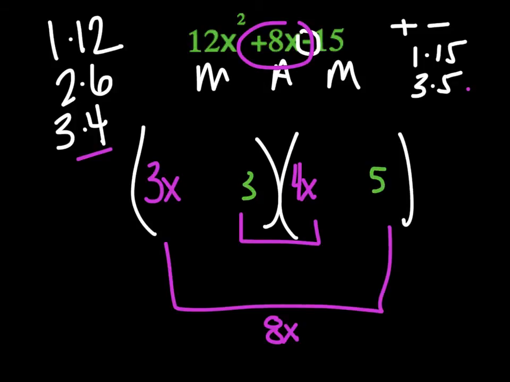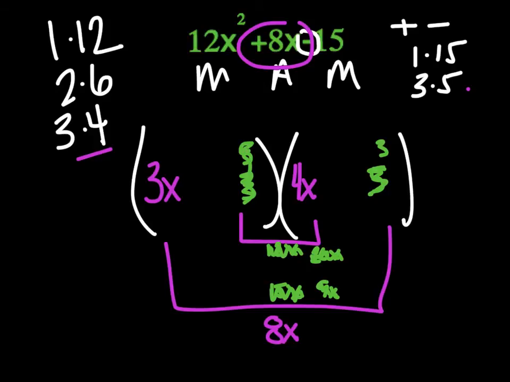So if I leave it like that, my inners are 12x, my outers are 15x. If I add and subtract, I will never get an 8. So now I'm going to switch them and go 5 and 3. Try again. My inners are 20x, my outers are 9x. If I add and subtract those, I get a 29 or an 11. That'll never make 8, so I know that's out.